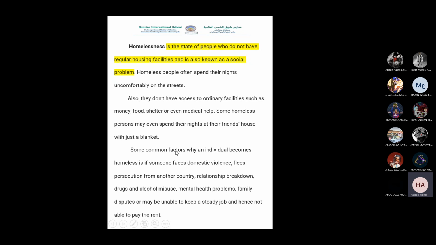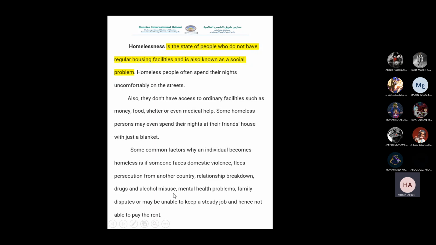Some common factors why an individual becomes homeless: if someone faces domestic violence, is leaving his family, is fleeing persecution from another country, relationship breakdown, drugs and alcohol misuse.